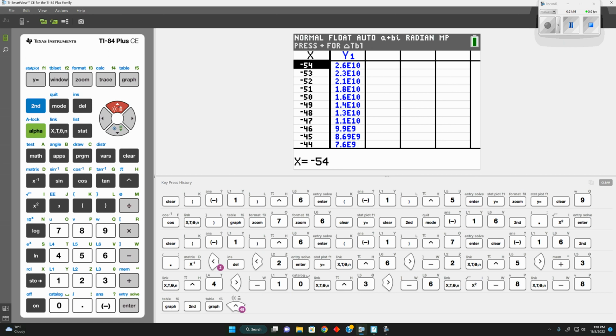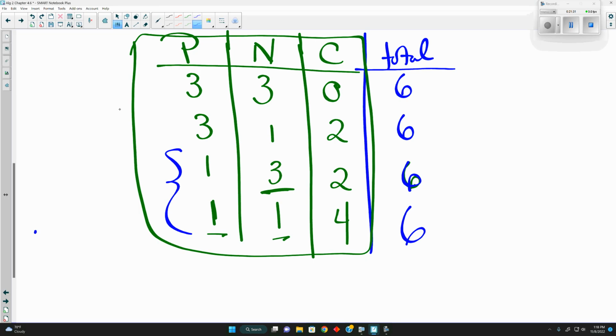And it does not look like that is the case because it keeps getting bigger and bigger. So most likely, even if the numbers aren't rational, it's probably going to end up being this, that the other 4 solutions are complex.